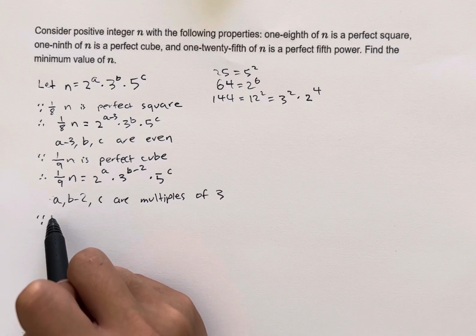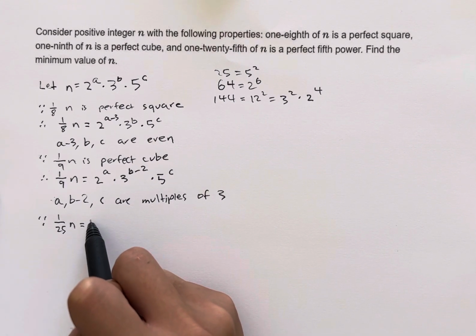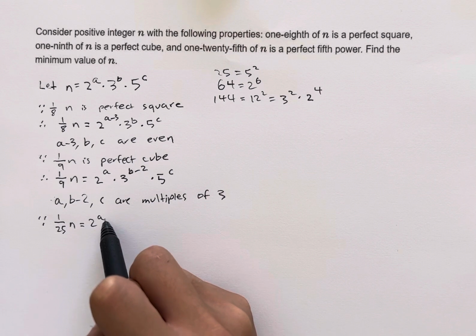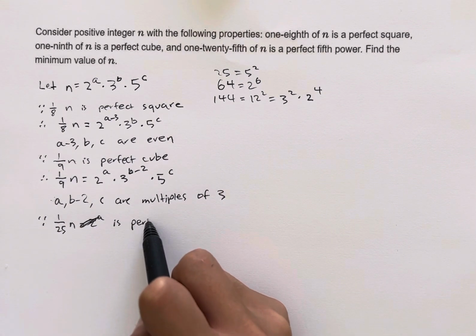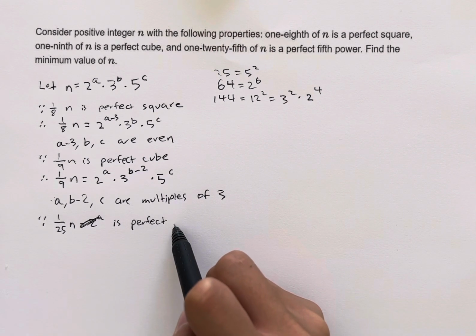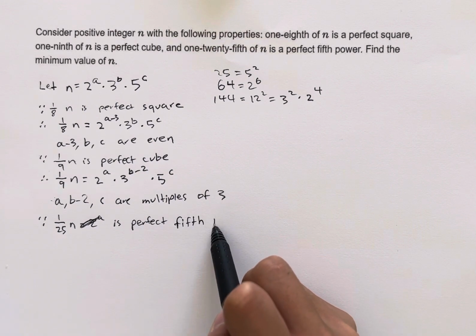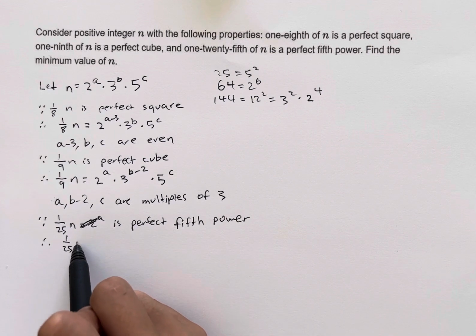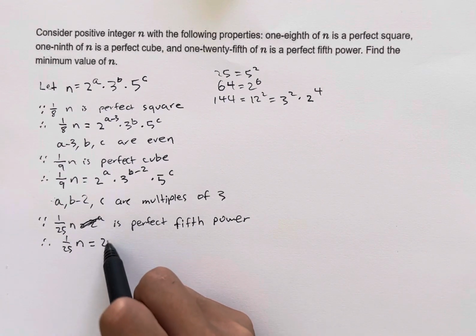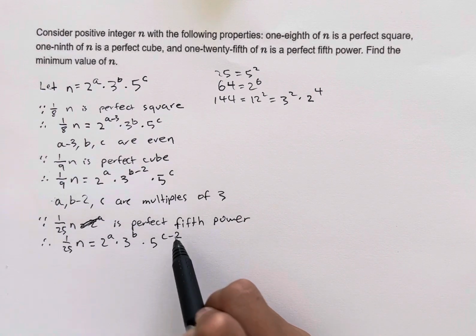Now, since 1/25 n is a perfect fifth power, we know that 1/25 n will equal 2 to the power of a times 3 to the power of b times 5 to the power of c minus 2.